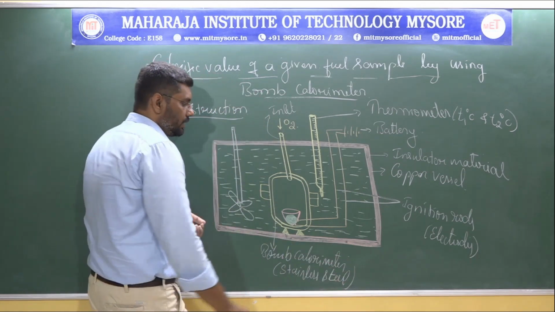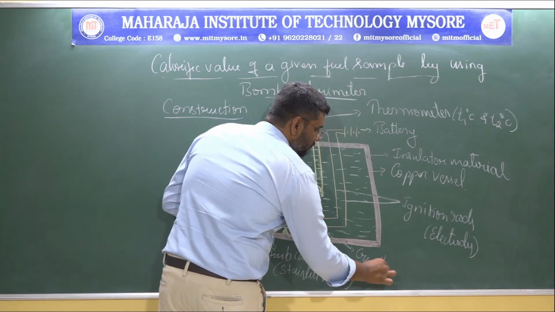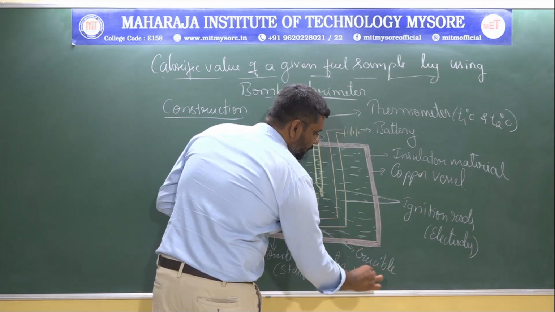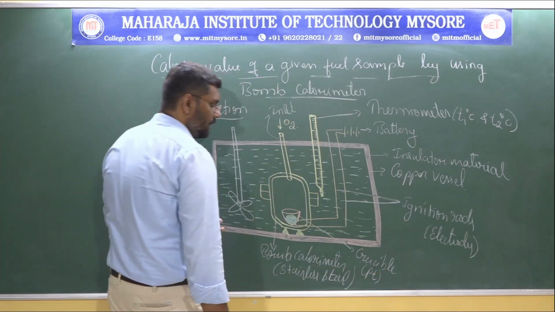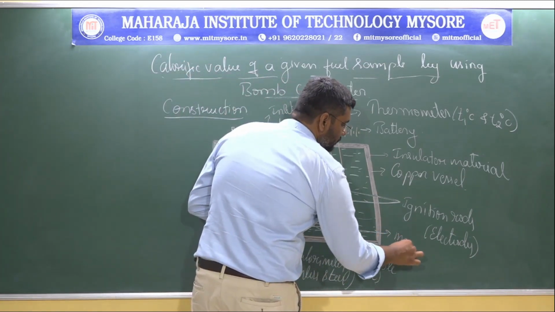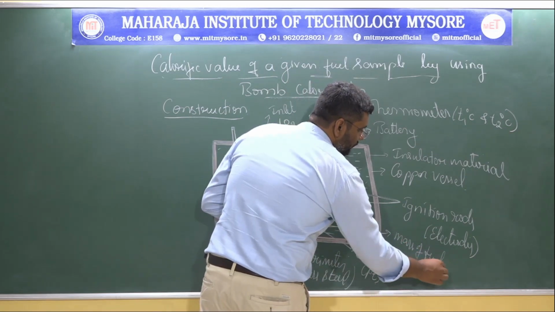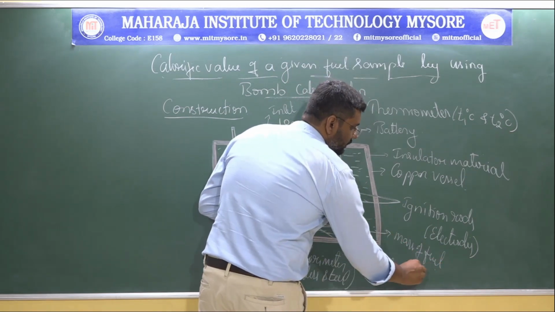Next there is the crucible, which is purely made up of platinum, and here there is a known mass of fuel, which is taken as m.